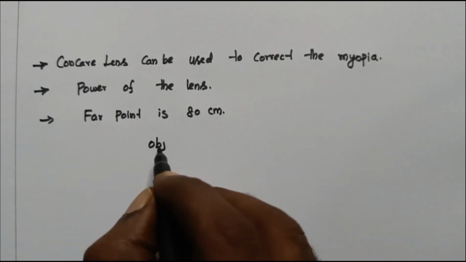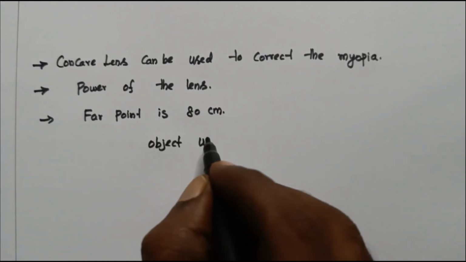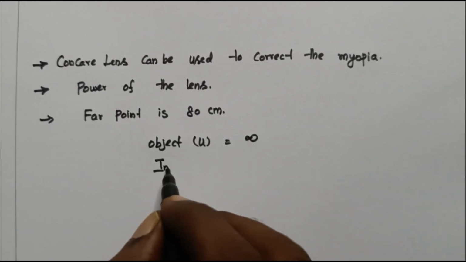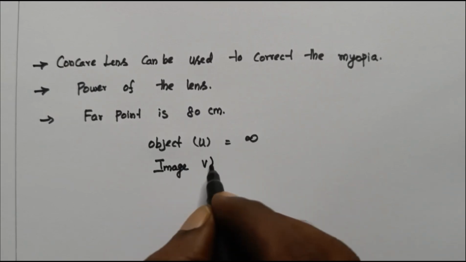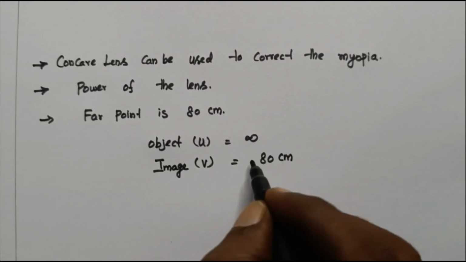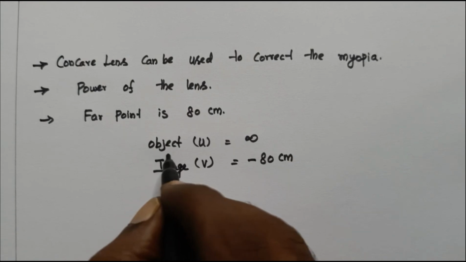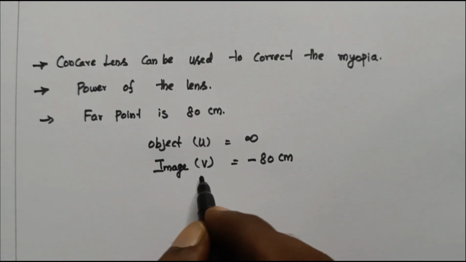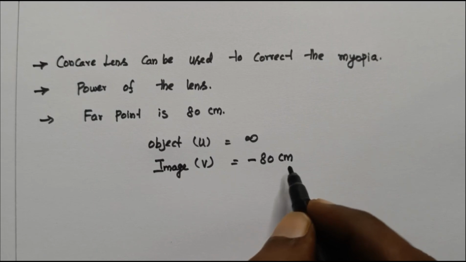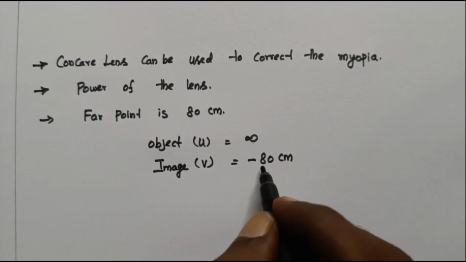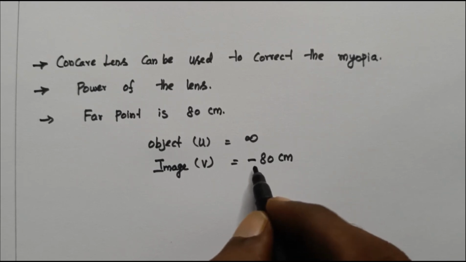If the object is at infinity, then the image has to be formed at 80 cm in front of the lens. So this is the object distance. Object distance is infinity. Image has to be formed at 80 cm. Therefore, the image distance is 80 cm. Since the image has to be formed in front of the lens, it is negative.